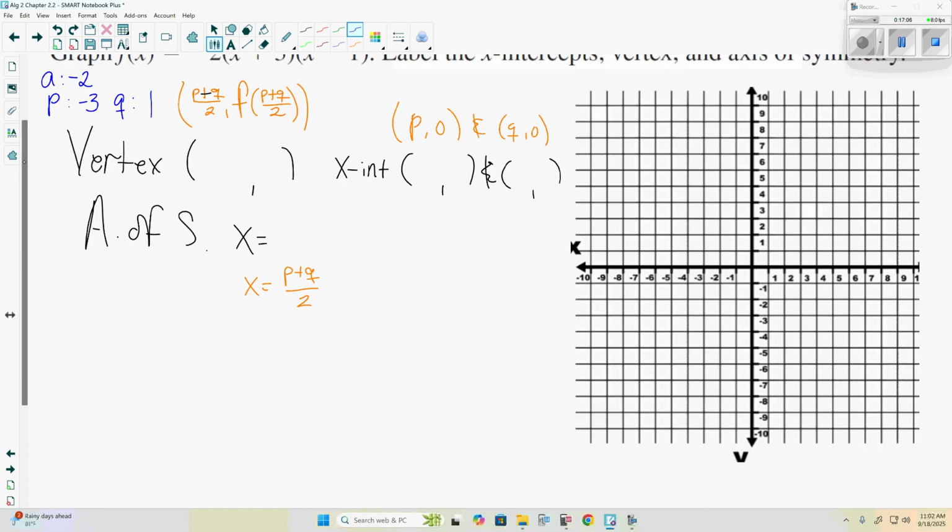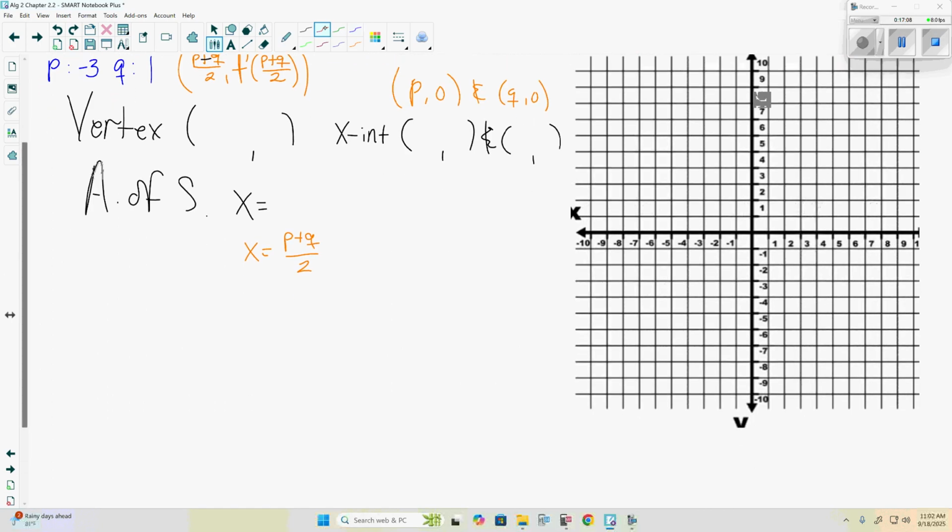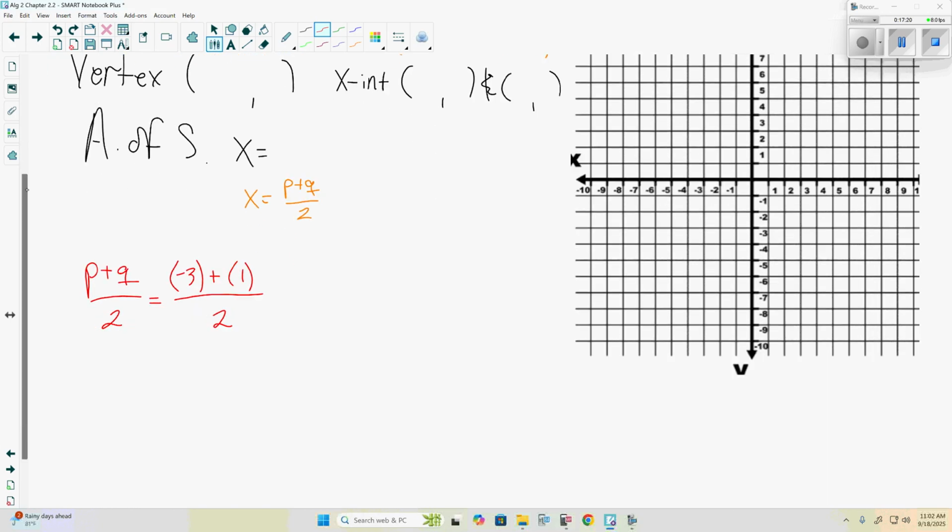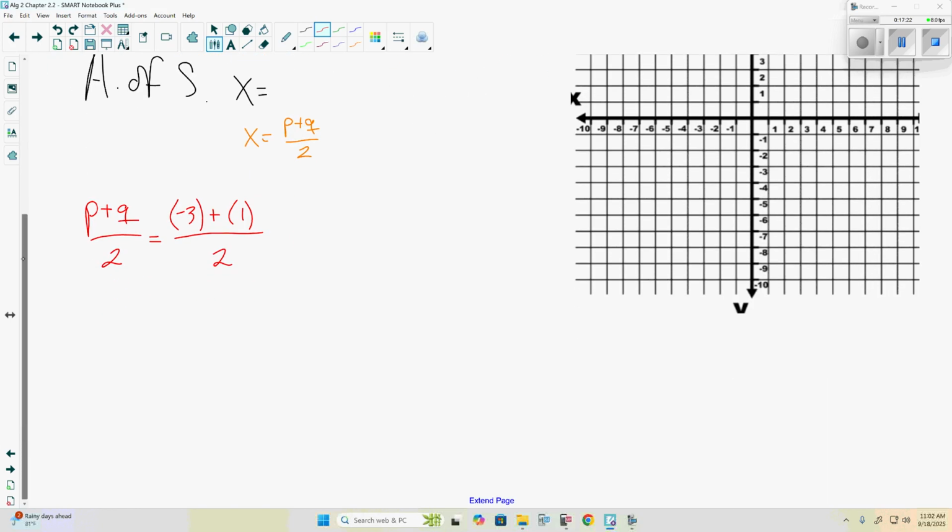Now the first calculation we need to do is P plus Q over 2. Now for this here we said P is -3 and Q is 1. So P plus Q over 2 would be -3 plus 1 over 2.